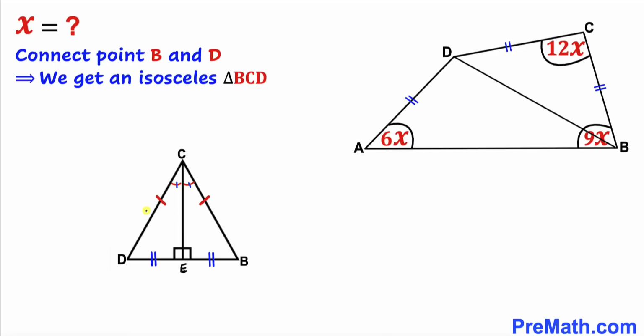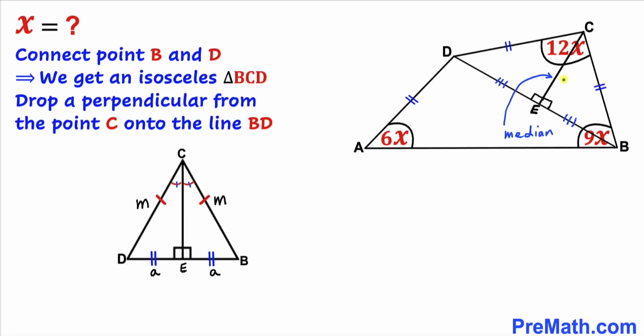In other words, if this side length is lowercase m, then this side length is going to be lowercase m as well, and this side is going to be lowercase a, and this is going to be lowercase a, and this angle is going to be equal to this angle.